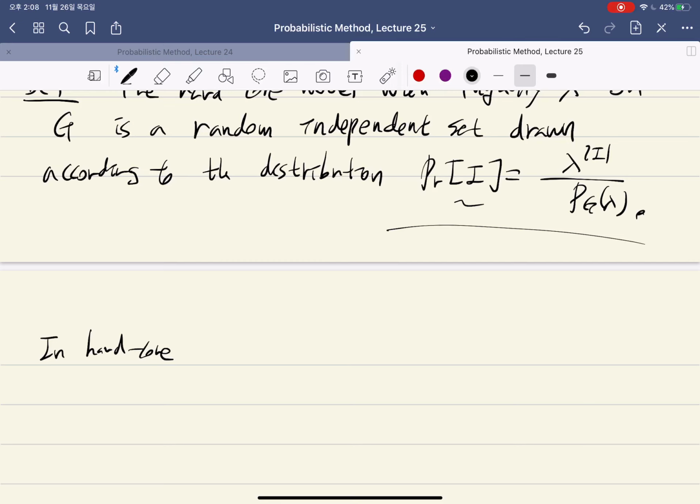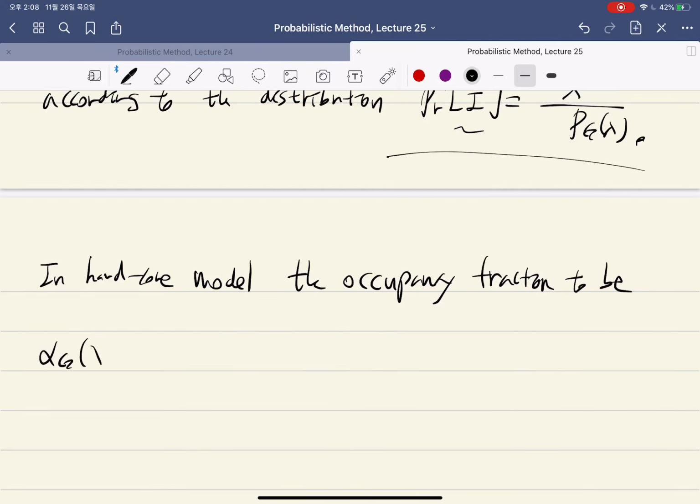In the hardcore model, we let the occupancy fraction be alpha_G of lambda, which is 1 over |G| times the expected size of I. So it's the expected fraction of the vertices in I.